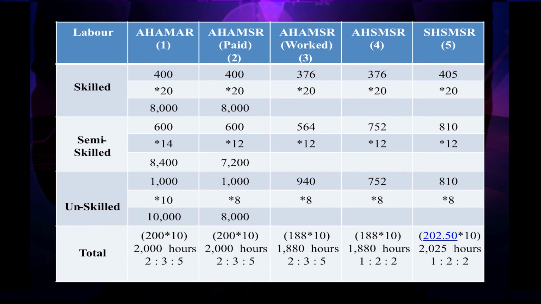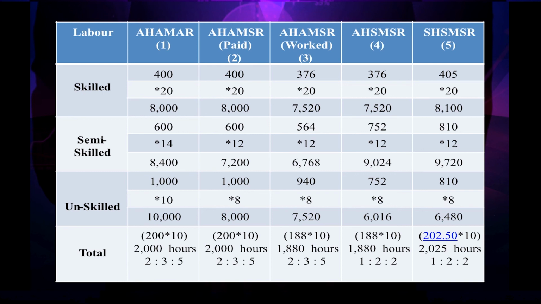For column 3 it is 7520 for skilled, 6768 for semi-skilled, 7520 for unskilled. Column 4 product is 7520 for skilled, 9024 for semi-skilled, 6016 for unskilled. Now, column 5 product is 8100 for skilled, 9720 for semi-skilled and 6480 for unskilled.